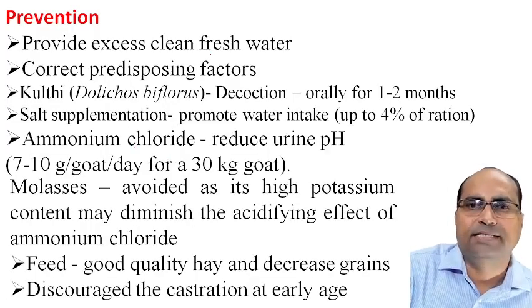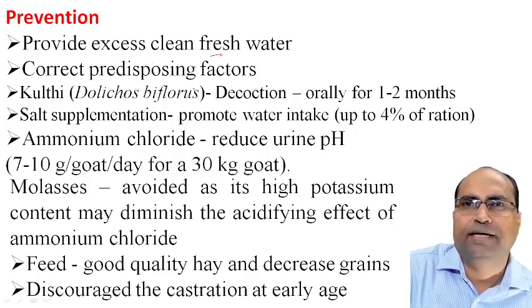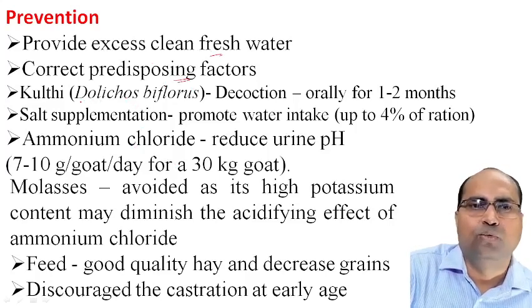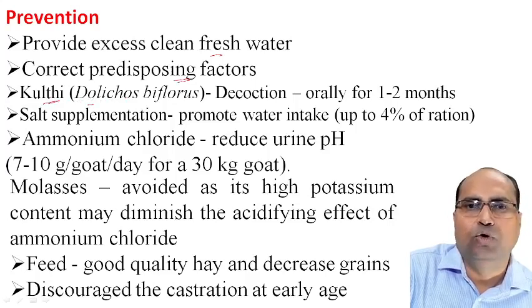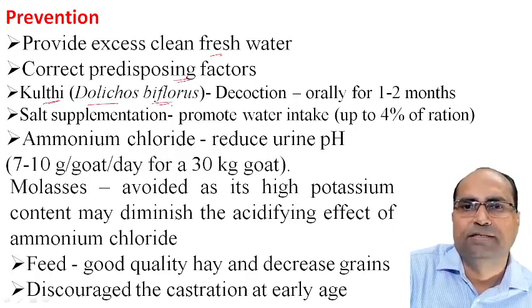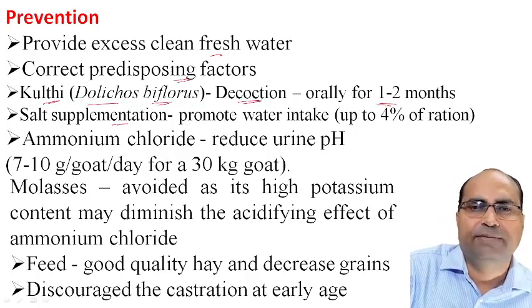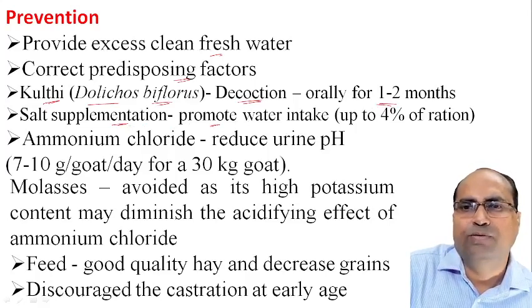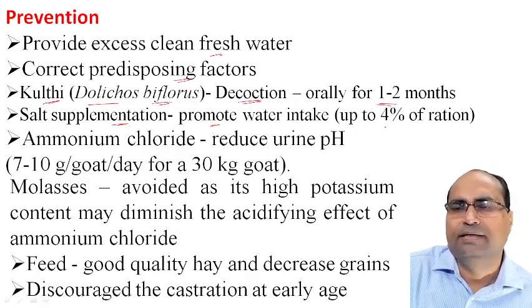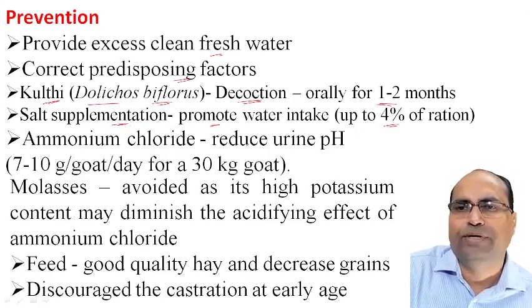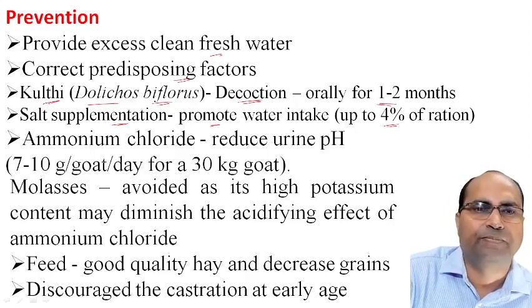Provide access to clean, fresh water, correct predisposing factors. Kulthi, Dolichos biflorus, decoction orally once every 2 months, salt supplementation, promote water intake at the rate of 4% of the ration.